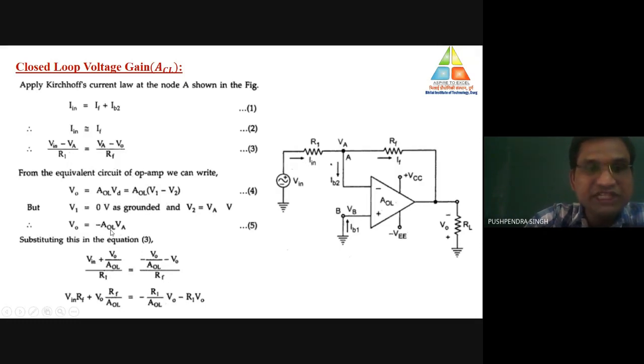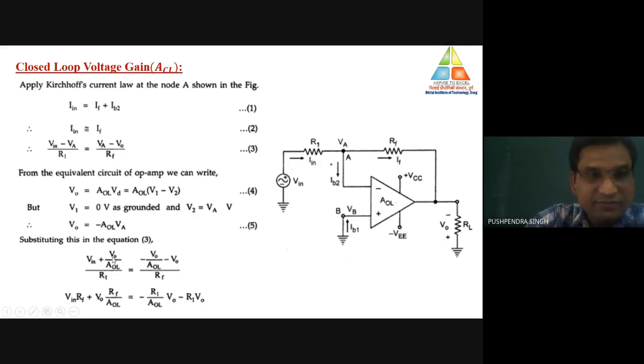Now substitute these values in equation number 3. Which value do you need to substitute? Substitute the value of VA. From there, VA is equal to minus of V0 divided by AOL.